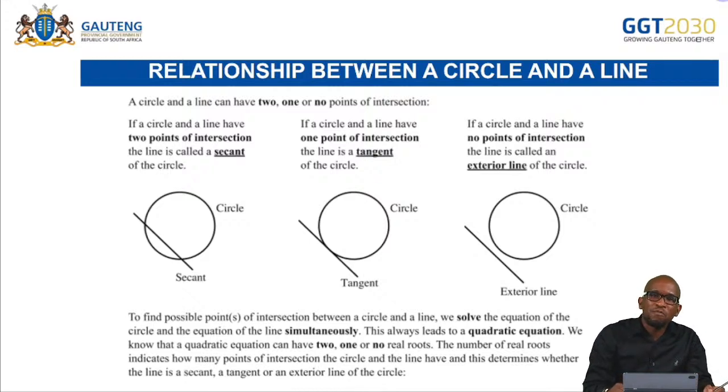However, if we find one root and hence one point of intersection, we conclude that the line touches the circle externally at one point, and hence the line is a tangent. If the roots are non-real or imaginary, then we won't have any points of intersection, and hence the line is an exterior line.